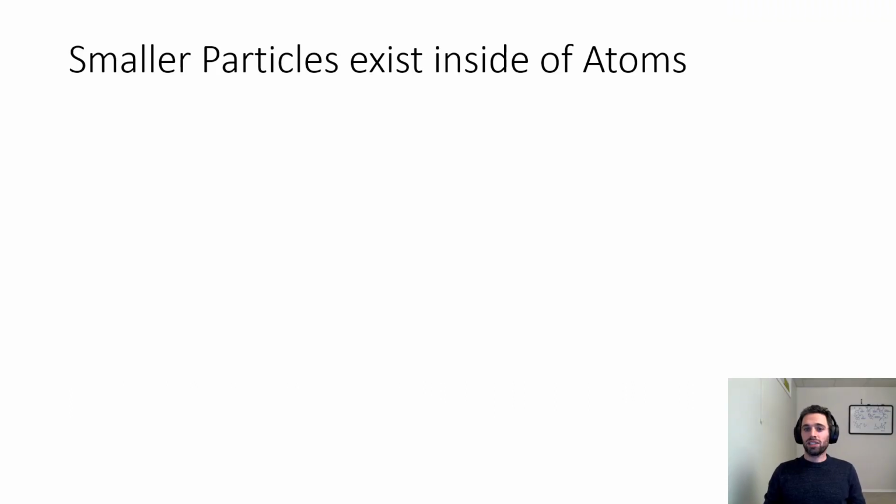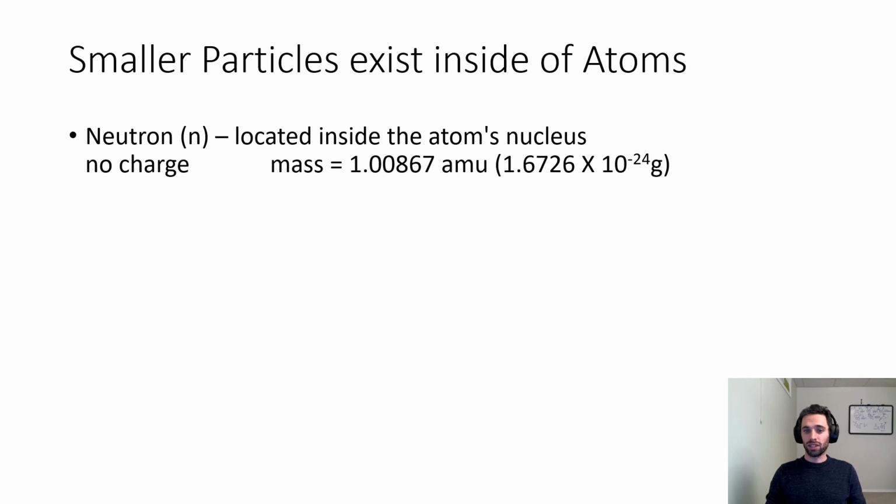Believe it or not, smaller particles exist inside of atoms. These are called subatomic particles. The first one is called the neutron. The neutron, also N, is located inside the atom's nucleus. It has no charge.